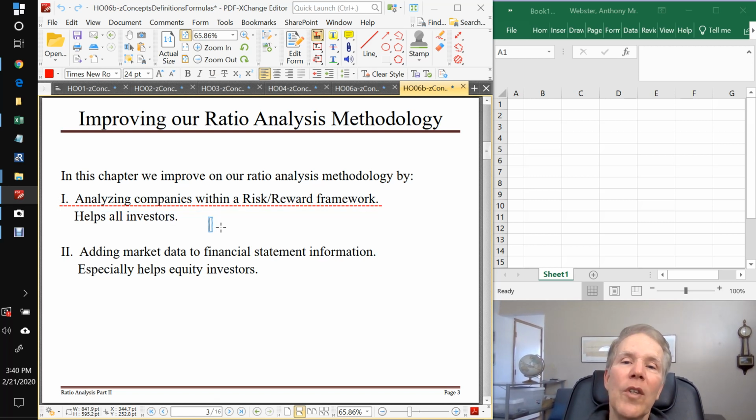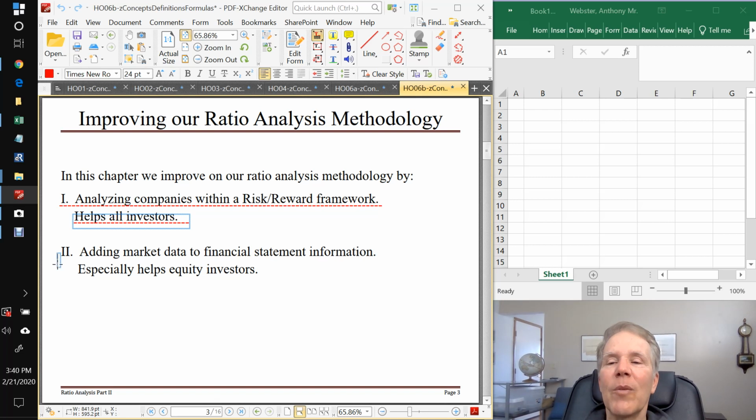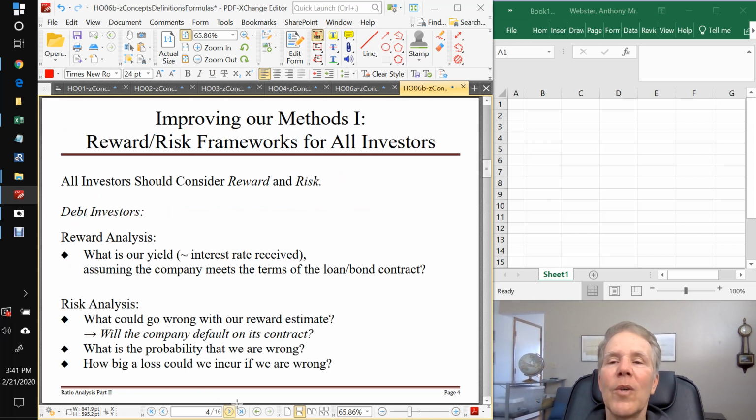We implicitly used this framework in the first class with HCP, but we formalize it here, and that helps everybody. And then the second thing we did in this chapter was we started adding market data to our financial statement information, and that, as we saw, is especially helpful to equity investors. So what else did we do in this chapter?